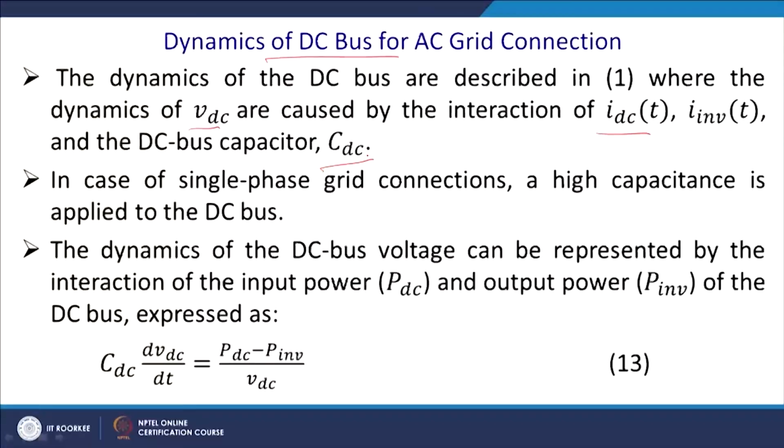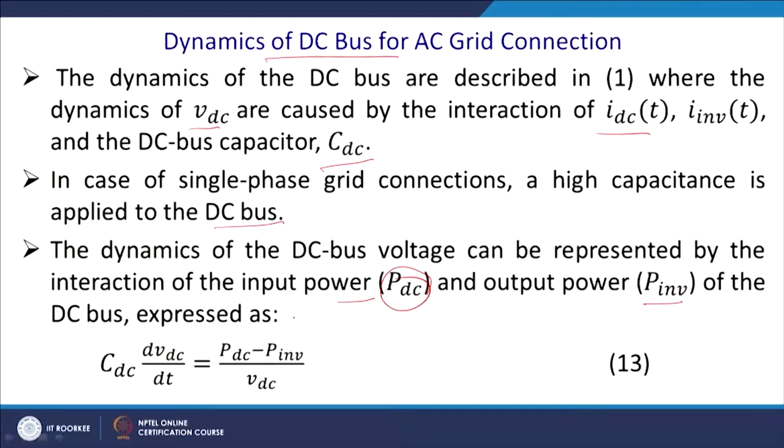In case of single phase grid connections, a high capacitance is applied to the DC bus. So that what happens? You have less disturbance. The dynamics of the DC bus voltage can be represented by the interaction of the input power P_DC and the output power, since it is an AC, P_INV of the DC bus.